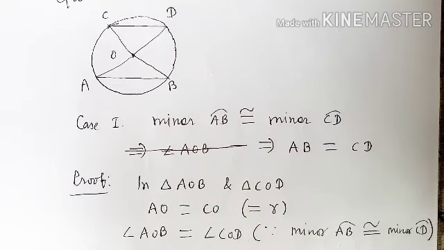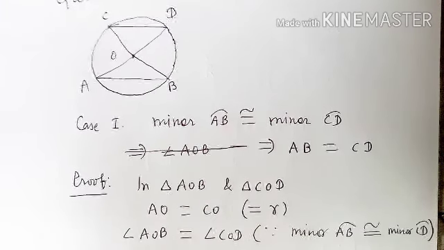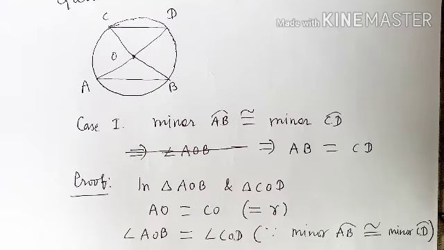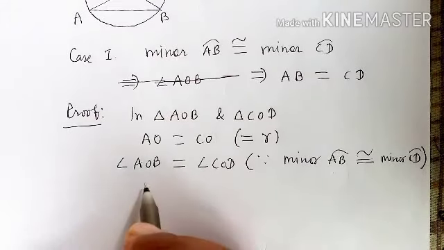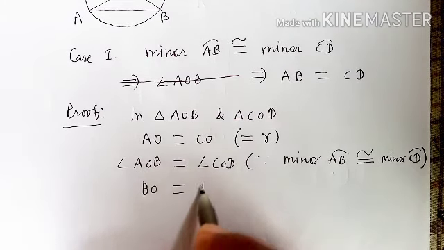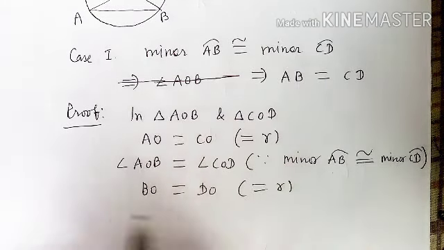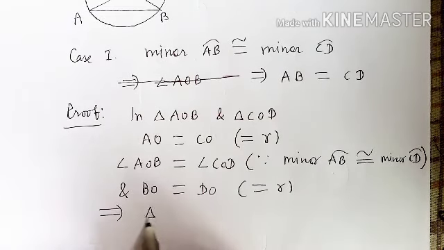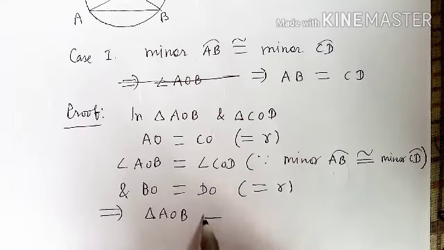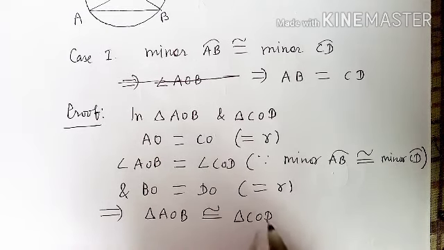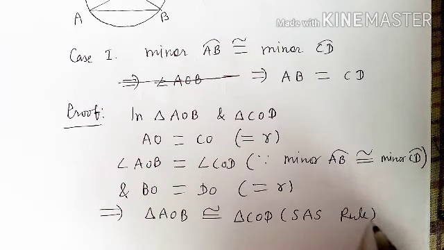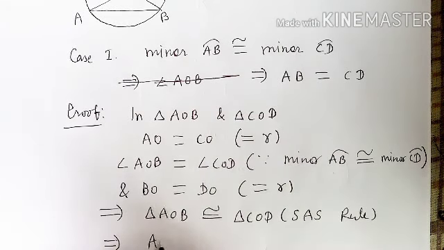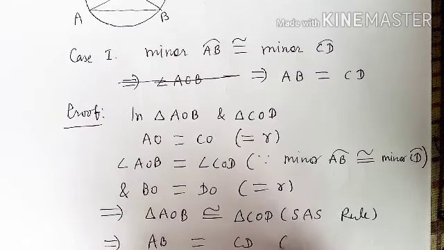We have studied earlier, two arcs are congruent if and only if they have the same central angles. BO is equal to DO, they are also equal to R. This implies that triangle AOB is congruent to triangle COD by SAS, side-angle-side rule. This implies that AB is equal to CD, by CPCT.